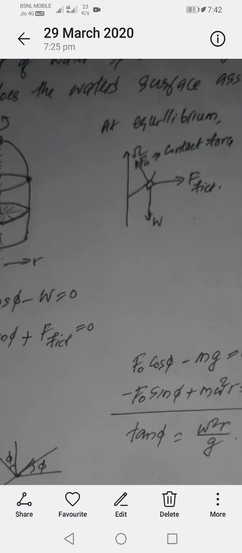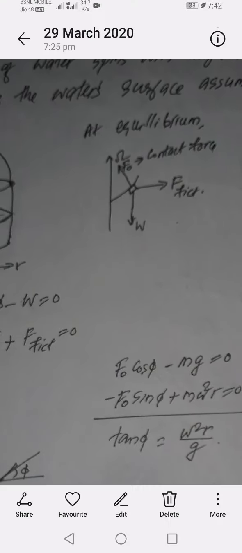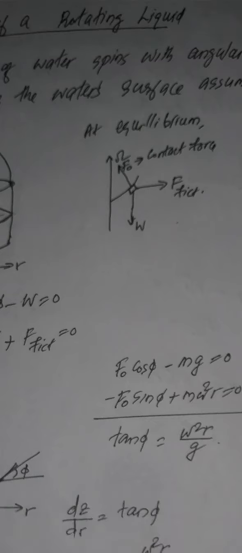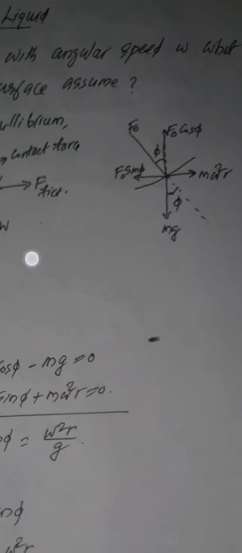Since it is a rotating frame, there is a fictitious force. Is it clear? Omega is in the z direction, a small mass element I consider, W is the weight, F0 is the contact force, and F fictitious is the fictitious force since it is in the rotating frame.